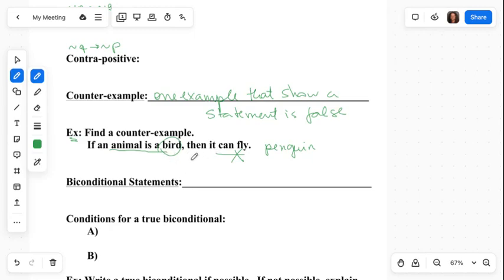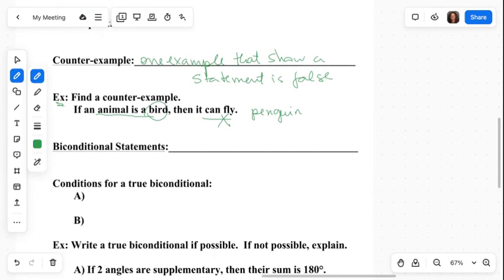All right, now a biconditional statement is when you have the hypothesis, and then if and only if the conclusion.